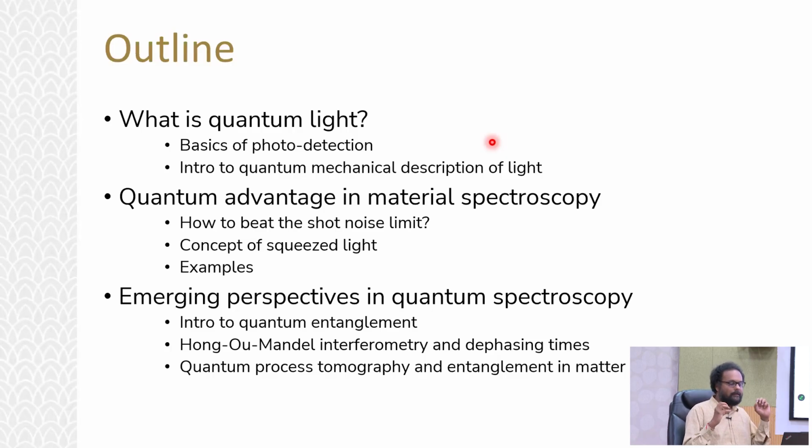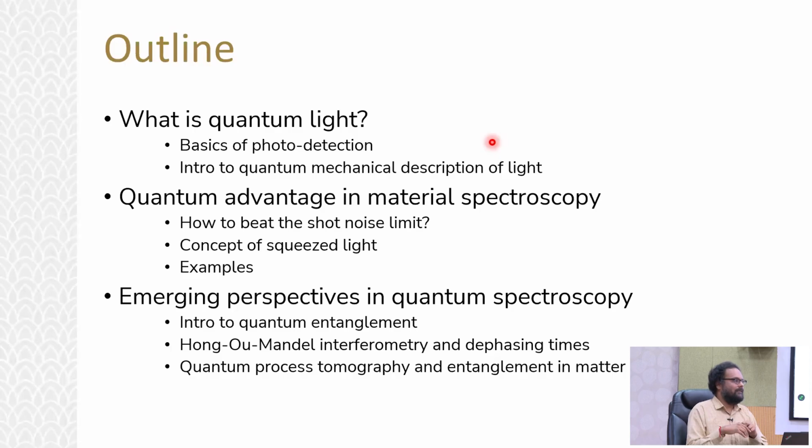The second part, using this understanding, we'll go into what is quantum advantage in optical spectroscopy. There the point is, I pointed out again the fact that you have a shot noise limit. There's a minimum limit beyond which we cannot measure with reliability.